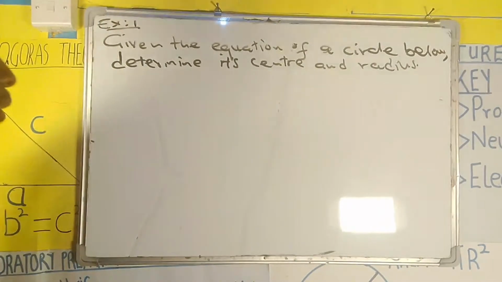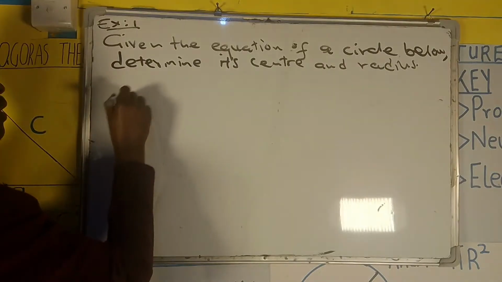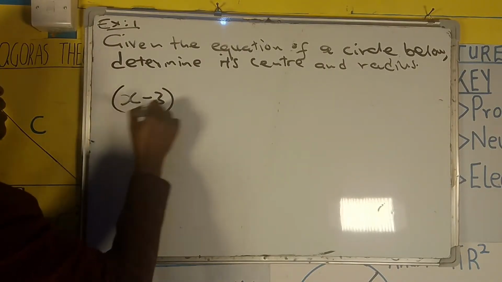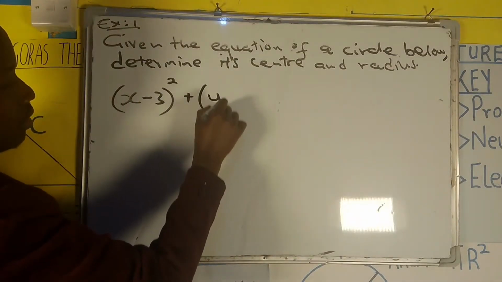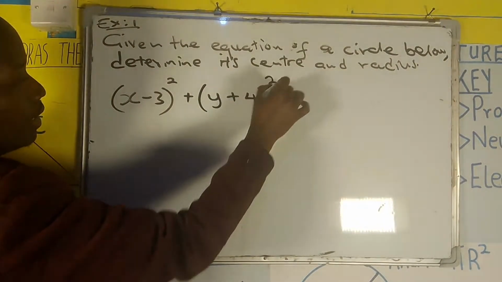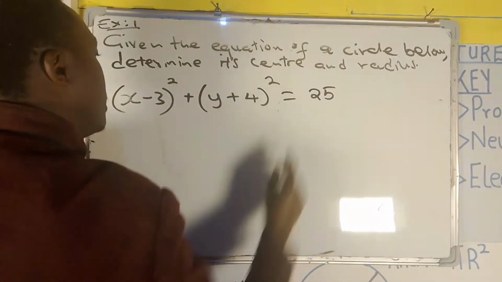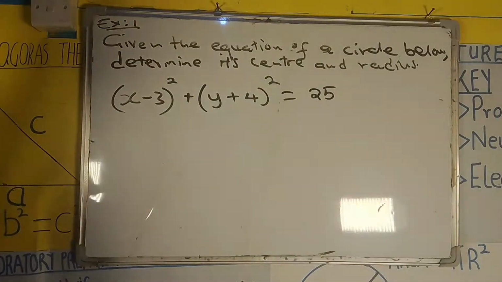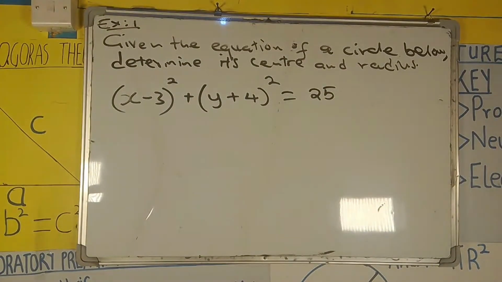So our equation is x minus 3 squared plus y plus 4 squared is equal to 25.